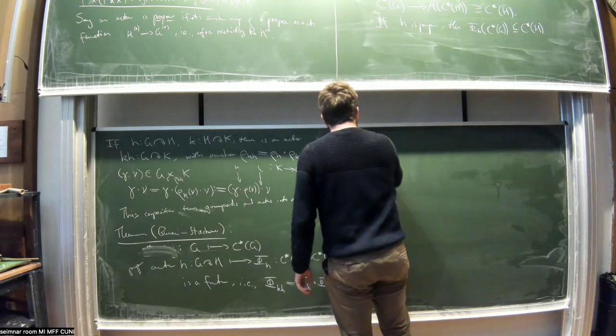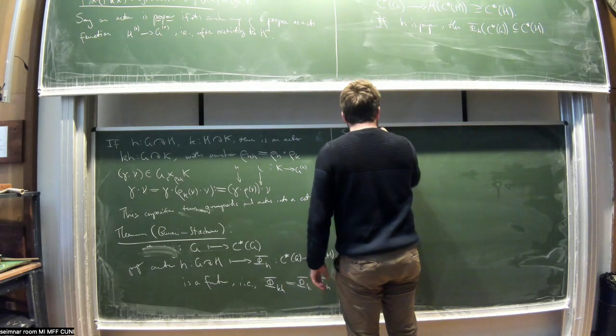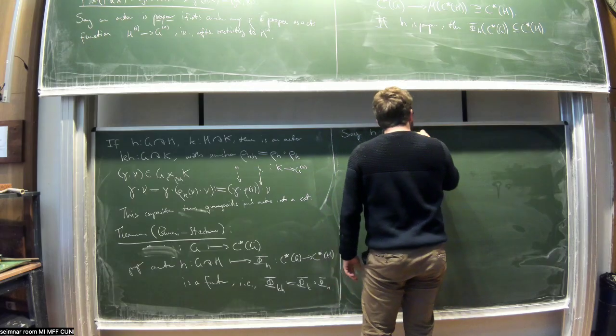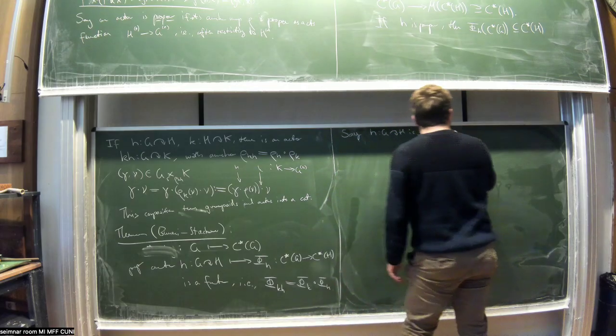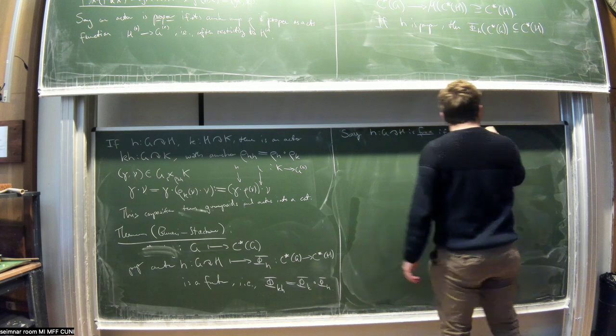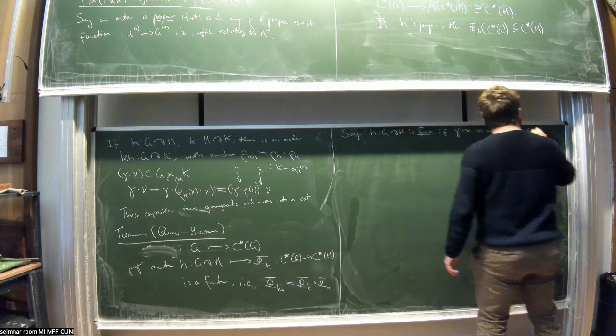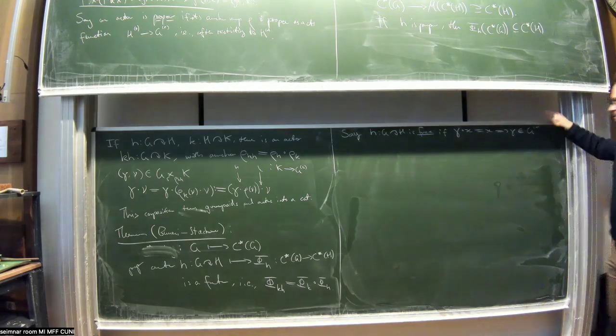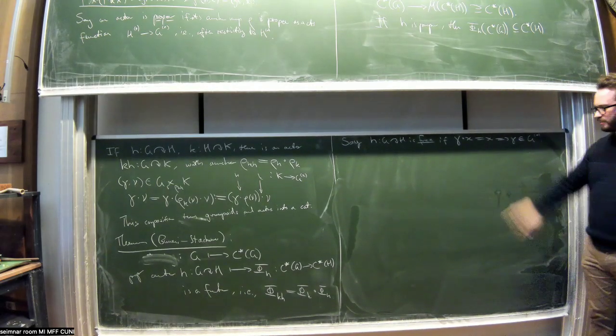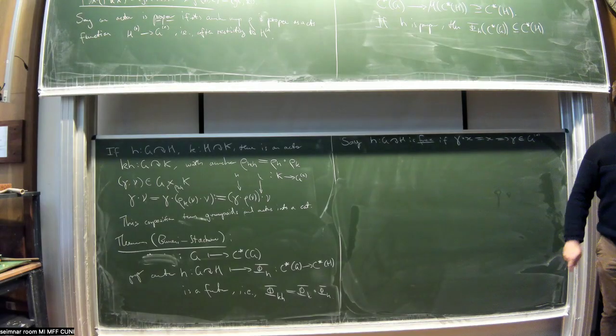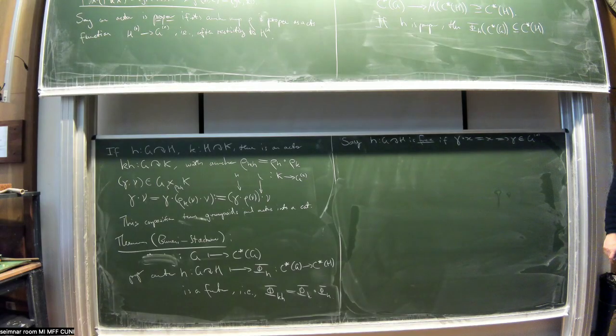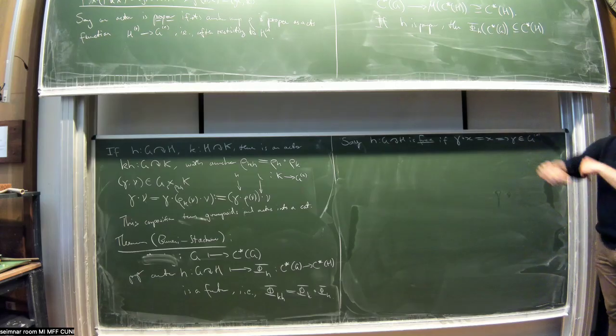So we say an actor is free if gamma times x equals x implies that gamma is a unit. So if you think of a group action, it is free if the only thing that fixes an element somewhere is the identity. For groupoids we require roughly the same thing, except instead of the identity, I say it's an identity. So this is a non-triviality condition on your actor, a strong one.